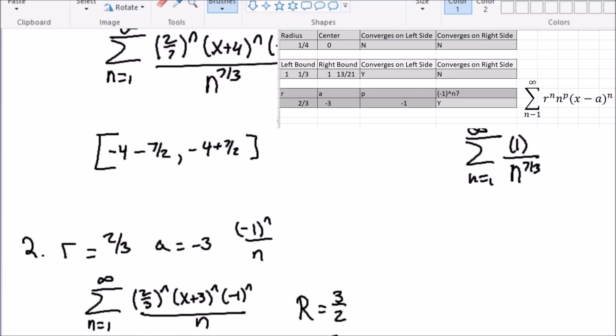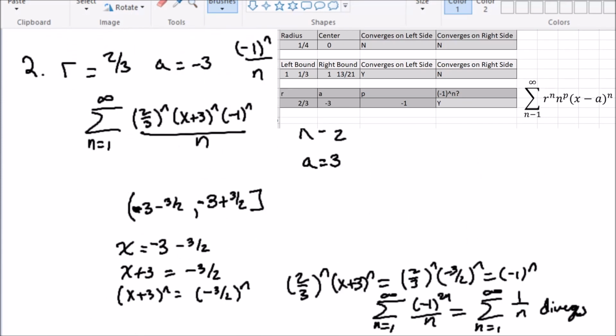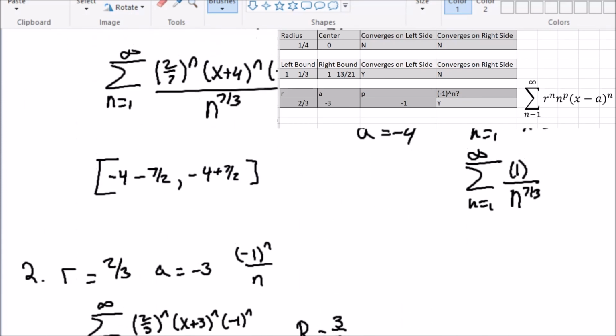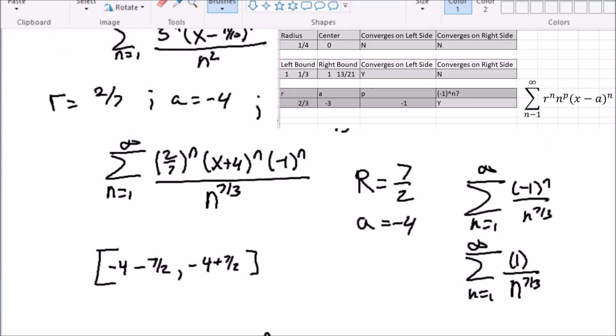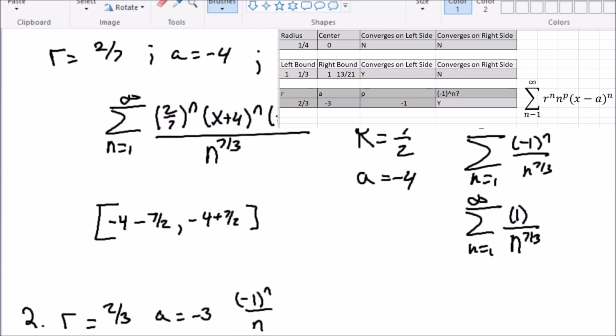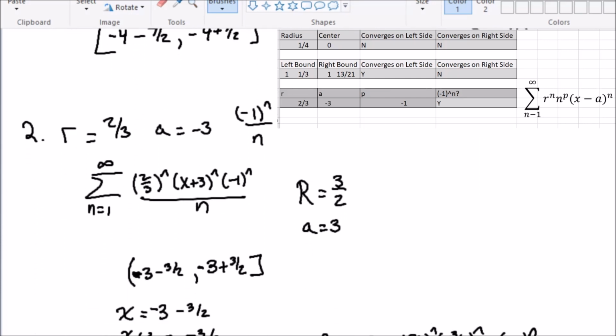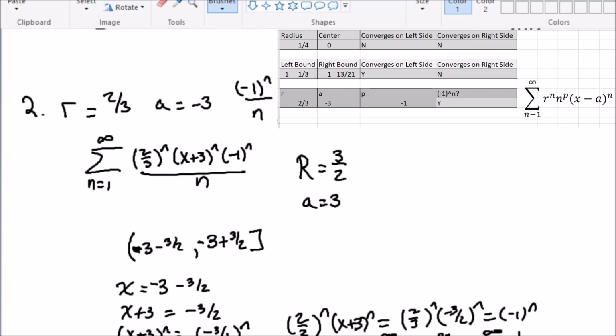If the p is big enough, so my power on p, say in example 1 here, my n was to the 7/3, well, that doesn't matter. Both sides are going to converge by the p-test. So that power on n is really going to determine whether one side converges, both sides converge, or no sides converge. Okay, and this is kind of how I break it down.